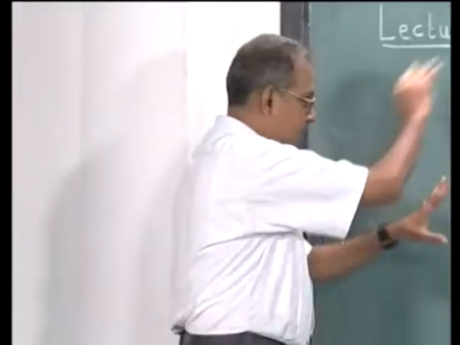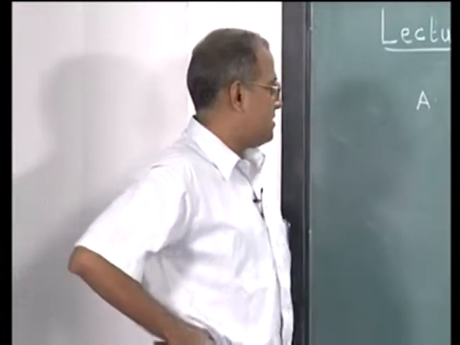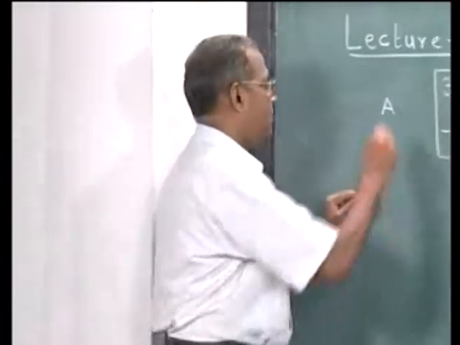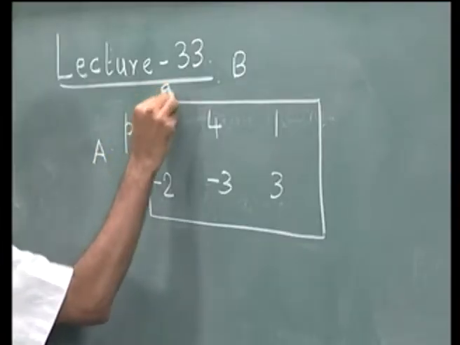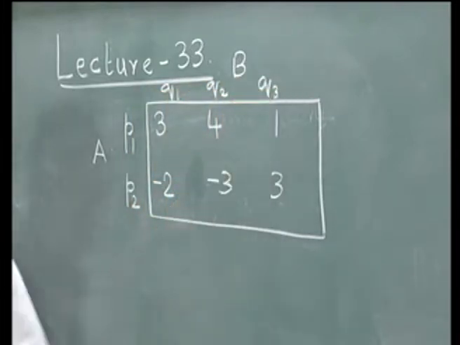So, the resultant thing is a 2 by 3 matrix, where A has 2 options, B has 3 options. So, A would like to find out P1, P2 and B would like to find out Q1, Q2 and Q3.